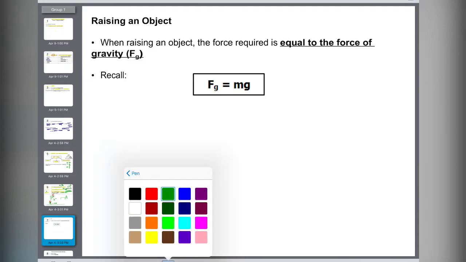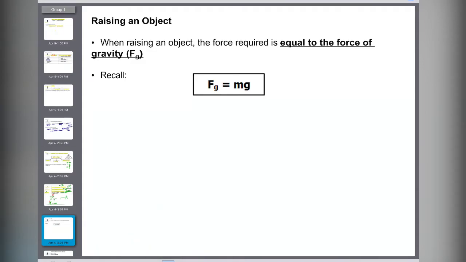Okay, finally, the last type of thing that we're going to talk about, it is a review.